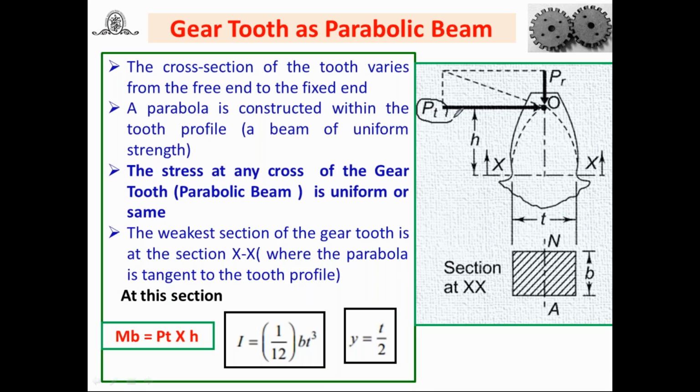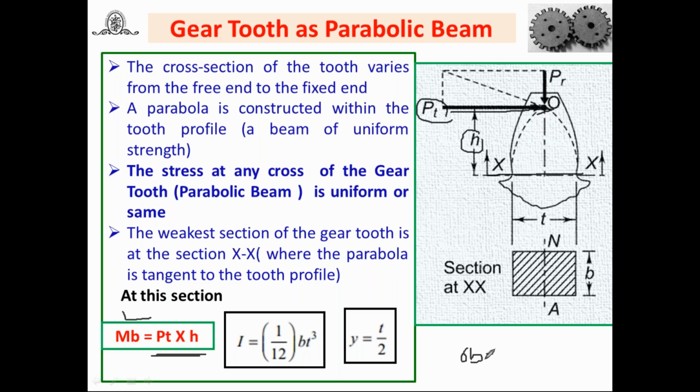Simple. PT, the tangential force which is going to act here, at a distance of height h. So we will get bending moment at section XX. Therefore, MB is equal to PT into h. Again here, to find out the bending stress, what is the simple relation?